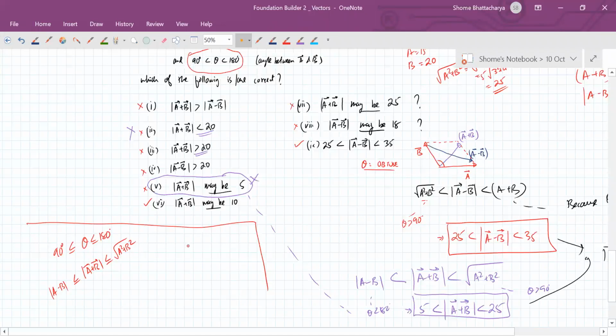But here it was not like that. Here the condition given to us was that theta is not equal to 90, it's greater than 90 and cannot be equal to 180, it's less than 180. So accordingly these inequalities were like this.